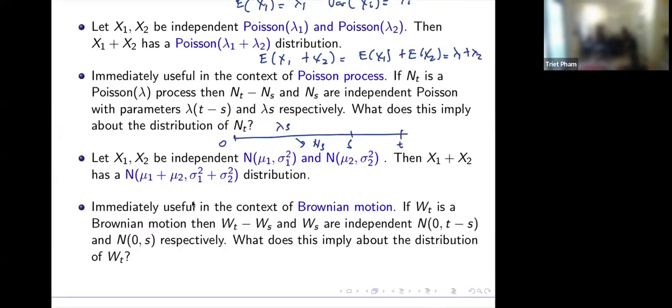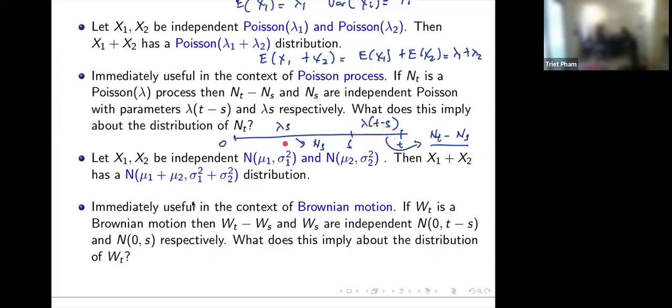Similarly here, the average number of customers arriving is lambda times T minus S. But the actual number of arrivals, well, N, as the random process, as the Poisson process, keeps track of how many events have happened by that time. So N_T minus N_S represents the number of arrivals between the time interval S to T.